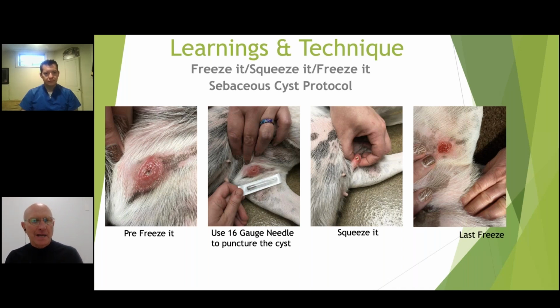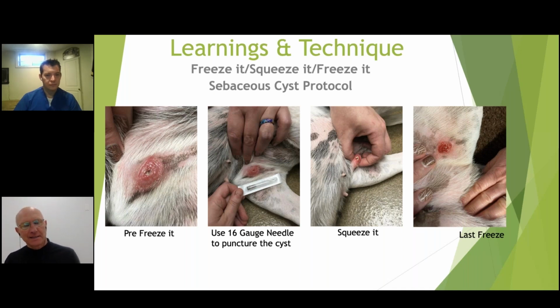And as Tim had mentioned, cysts are common, so we've come up with the simple phrase of freeze it, squeeze it, freeze it. This is a clinical tidbit where when you see one of these infected cysts, the idea is that you pre-freeze it, meaning I treat it once with either the spray or with a cone in this case.